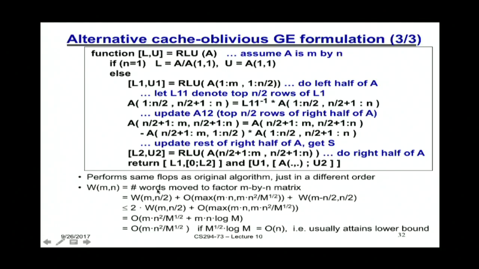And the relation is that the left half is given by this recursion. So the memory access will be this one corresponding to the left half. And then the right half is given by this quantity, which is the memory access needed for the right half, half of the size. And the middle one is just the memory access for the U12 block and the trailing matrix update.